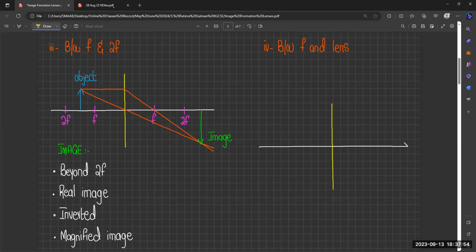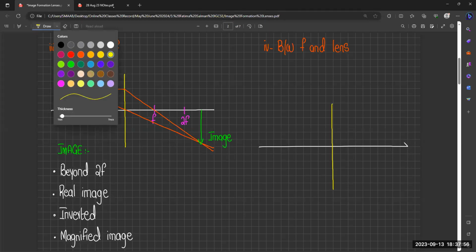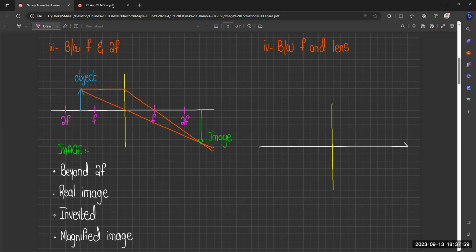This is the position of the lens, right? And if we again mark F and 2F on both sides, taking the same boxes, 1, 2, 3, 4 again, F, 2F on one side and F, 2F on the other side, right? And we have to place our object between F and the lens. So this is our object.